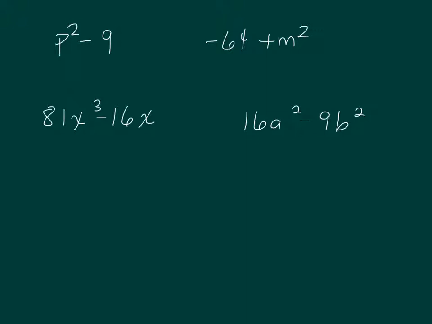And let's try 8x squared minus 98. Let me write that a little bit lower. Alright, so what I would like for you to do is pause the video and try to work through these, and then we'll work on them together.